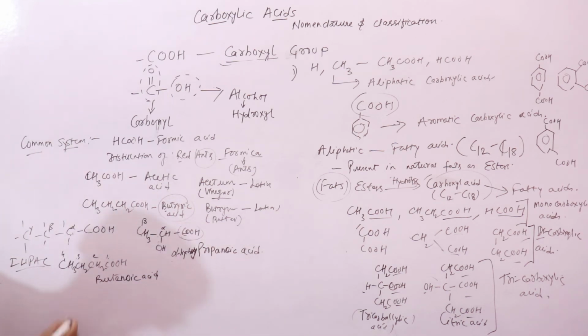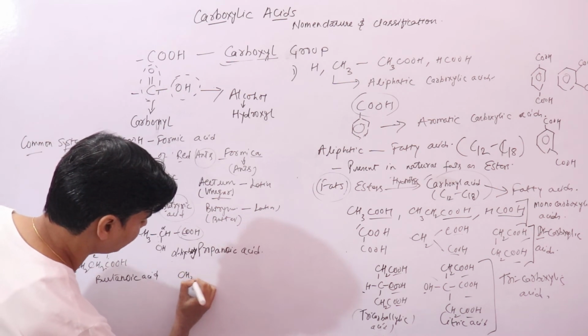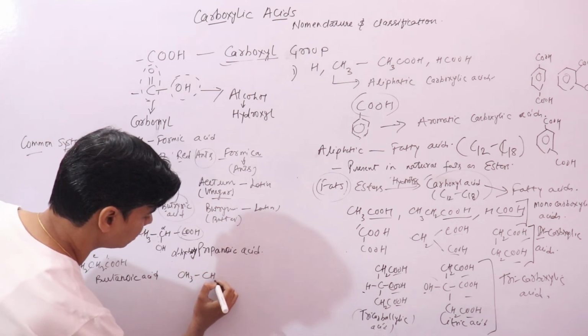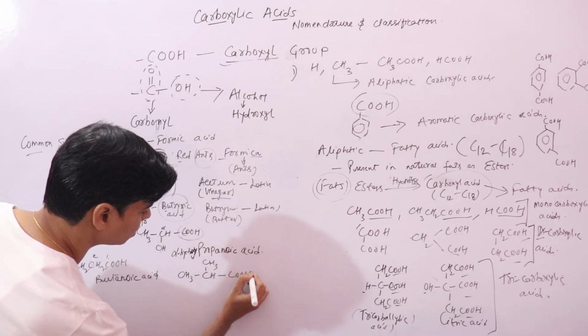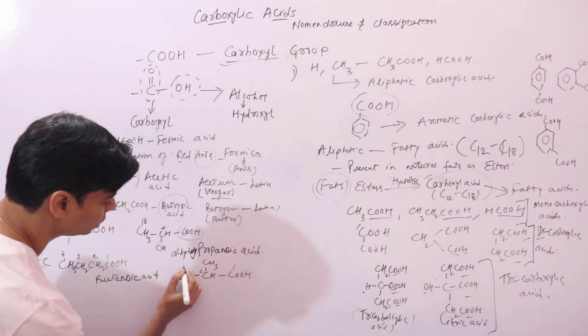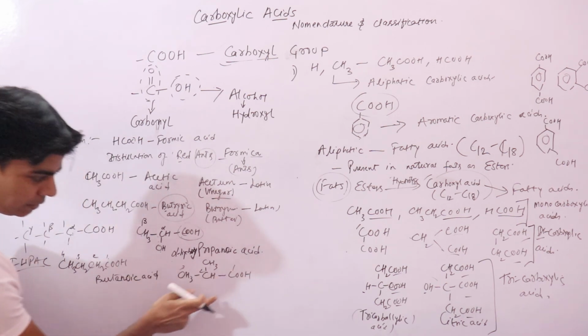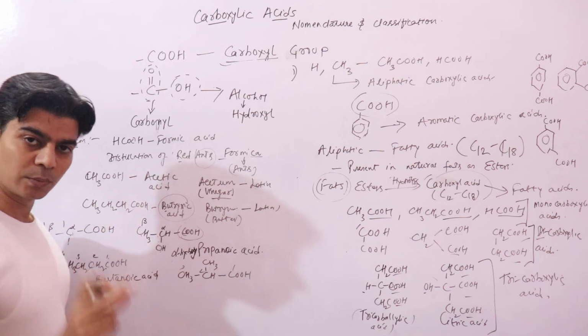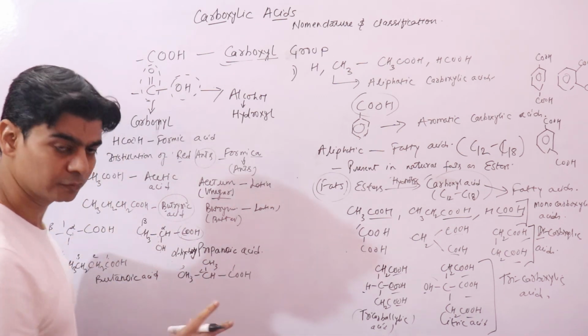Now let's take a different example. If I take CH3, this is 1, 2, 3. This is the longest chain that contains your carboxyl group, a longest chain of 3 carbon atoms.